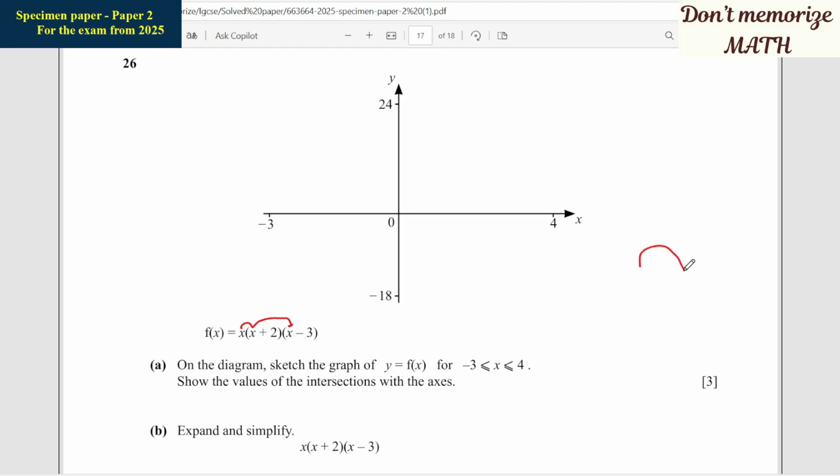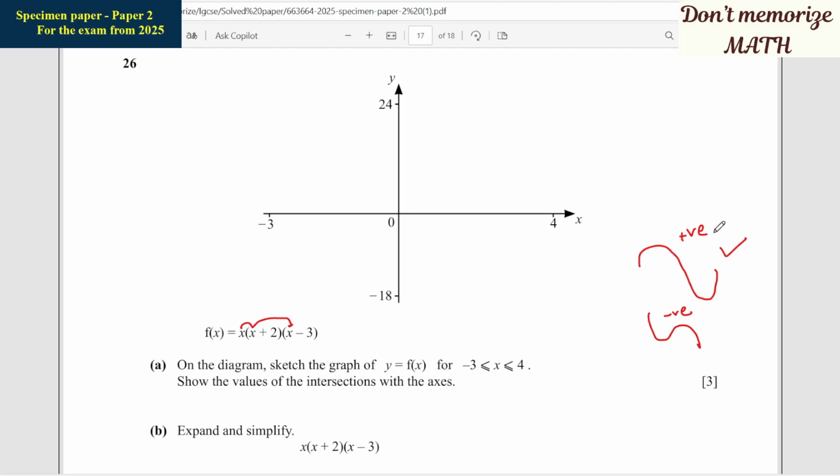If the coefficient of x cubed is positive, you will get this type of graph. If the coefficient of x cubed is negative, you will get this type of cubic graph. So you have to keep that in mind. Here the coefficient of x cubed is positive, so you will get this type of graph.